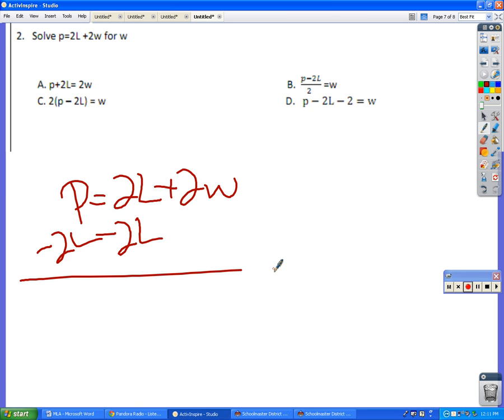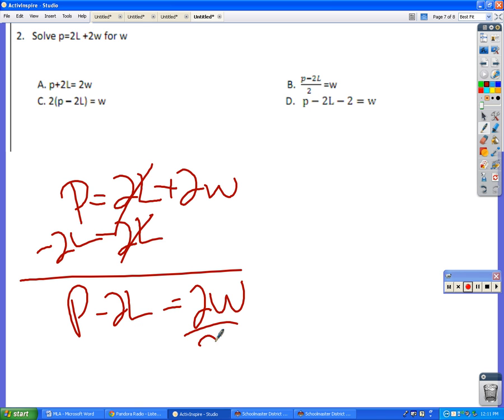So P minus 2L is what? Trick question. P minus 2L equals 2W. Now what do I do to get rid of the 2? Divide by 2. Divide everything by 2. So the 2's cancel, and W equals P minus 2L divided by 2, which is B. B. Okay?